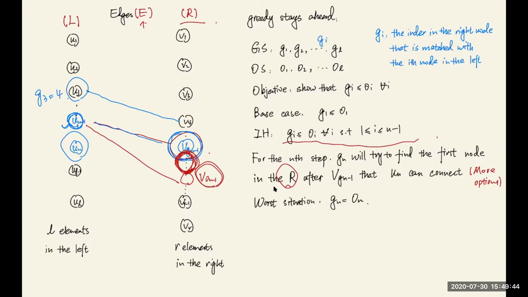So if there isn't any connection from Vn to any node in this place, then for the end step, the greedy strategy will make the same decision as the other strategy. This is what this line means. So the worst case, Gn equals On.